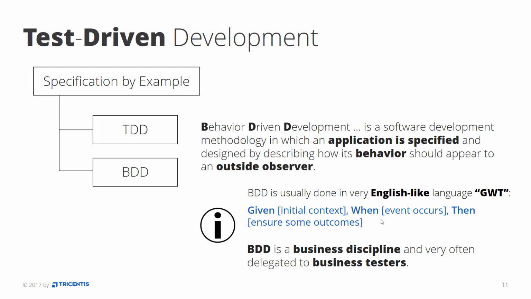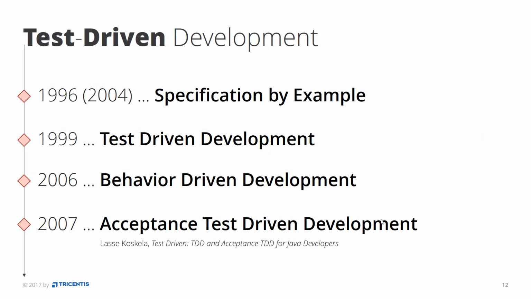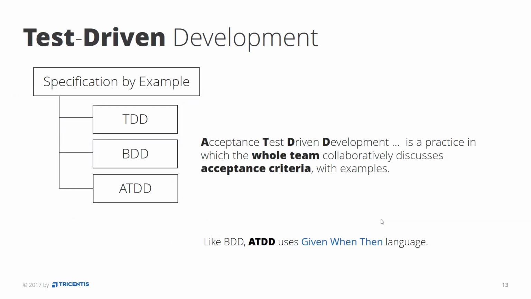It's like given-when-then, the Cucumber language. Behavior-driven development is more a business discipline and is very often delegated to business testers. But it's still not what we are looking for. What we are looking for is acceptance test-driven development. That is what we're really looking for.